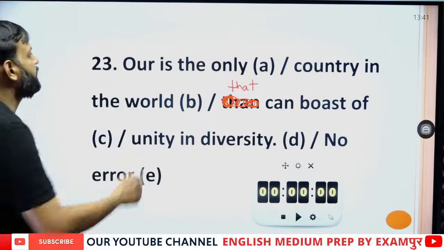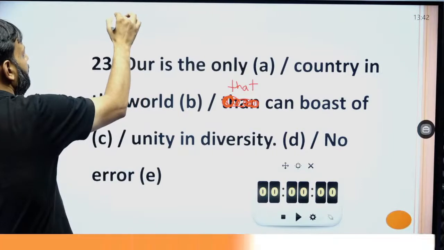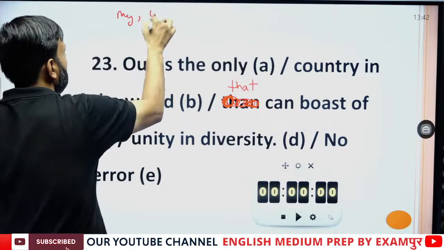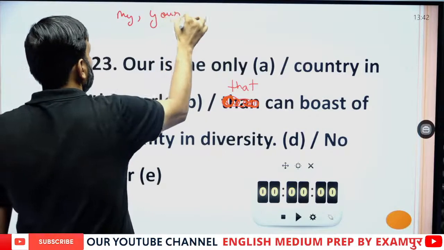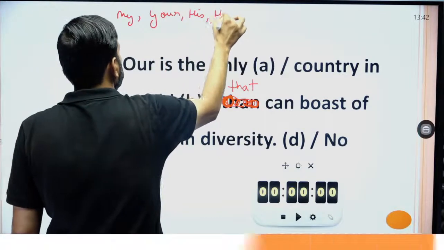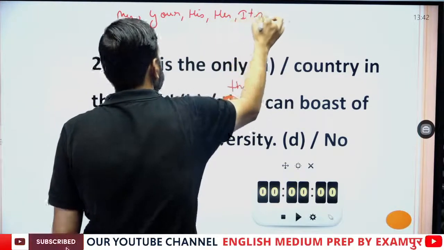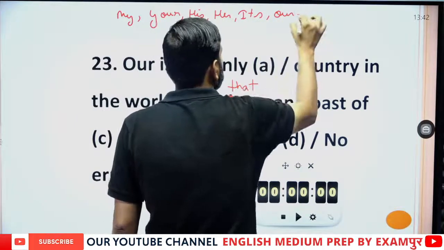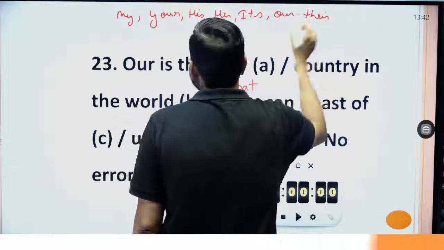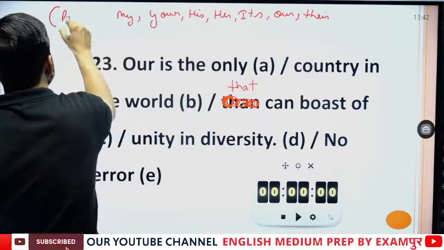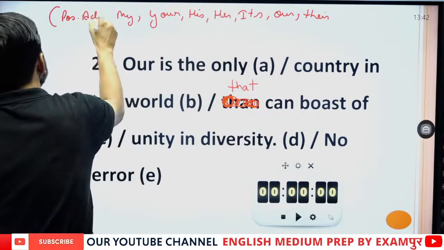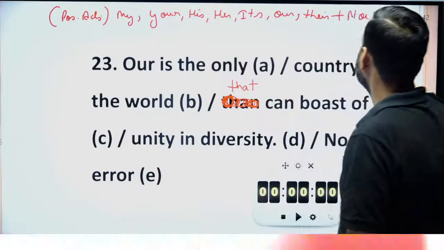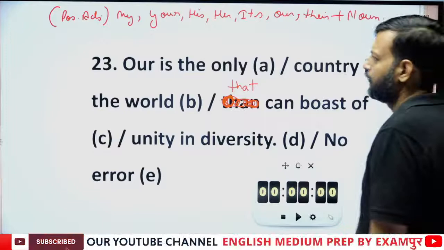In this sentence, see, my, your, his, her, its, our, and their. These are possessive adjectives, always followed by a noun.